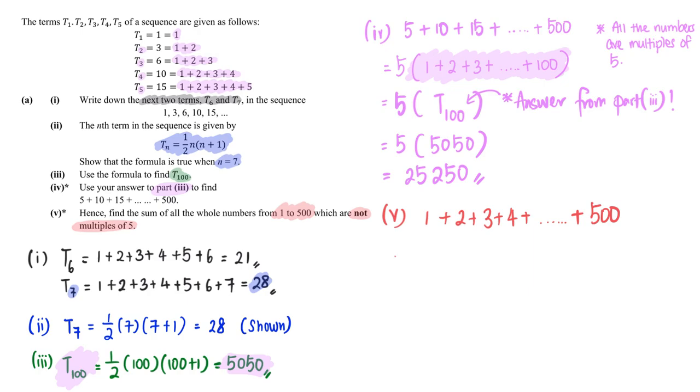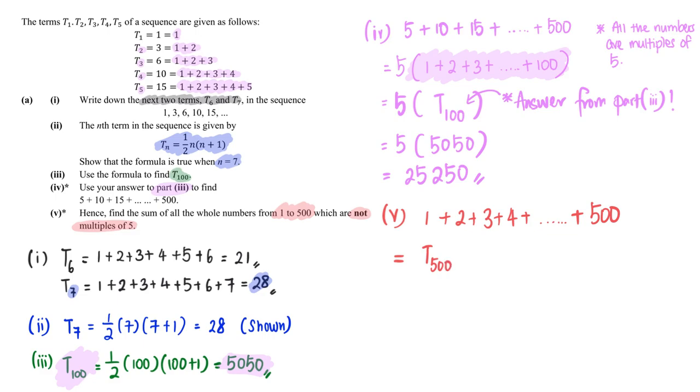Then I realized this looks similar, and this is actually, if I go back to this number sequence again, what we're actually trying to find here is T500.